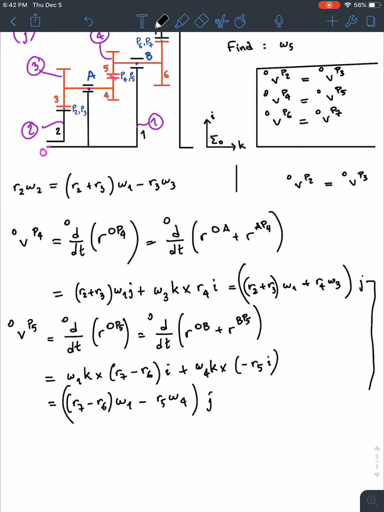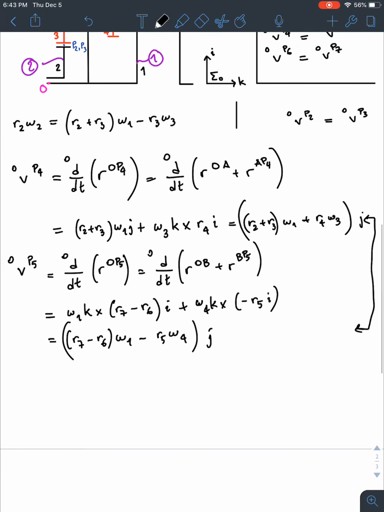And the equality will be between these two expressions, right? So let me write that. R2 plus R3 times omega 1 plus R4 omega 3 is going to be equal to R7 minus R6 times omega 1.